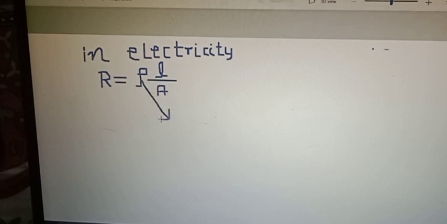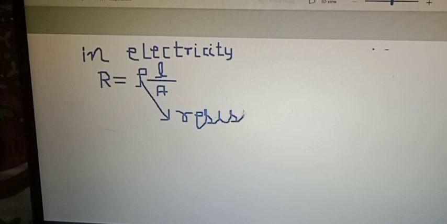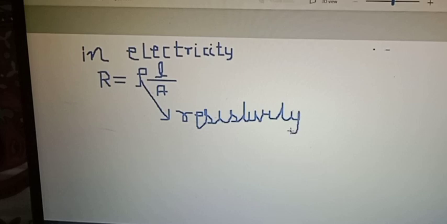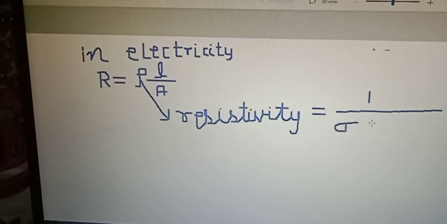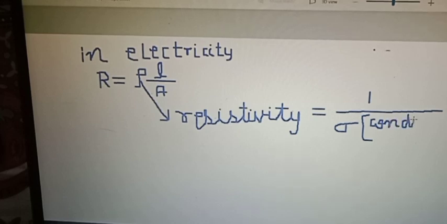So we know in electricity, resistance R is given by rho L upon A. Rho is resistivity. We know that resistance belongs to any given object, but resistivity belongs to its material. As we have just studied, thermal conductivity also depends upon the material of an object.